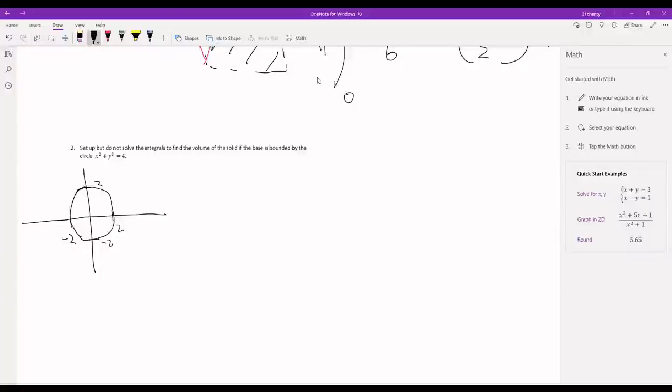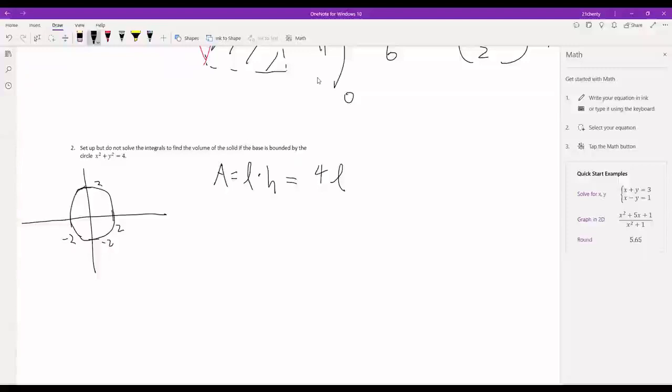So the area of a rectangle is base times height, and we'll just call the base length L. L times height, but height is 4, so it's just 4L in this case.